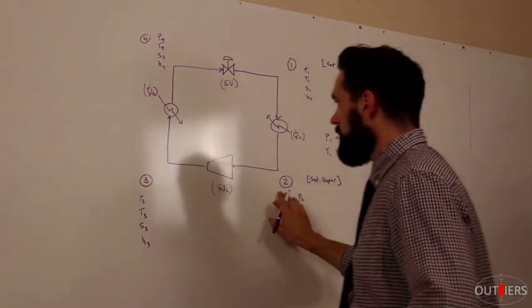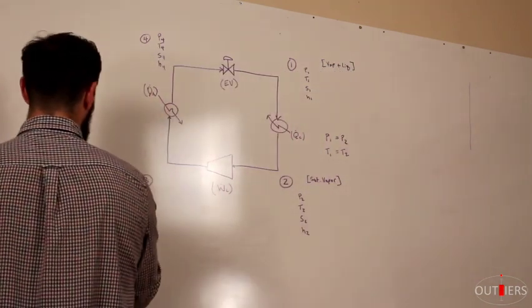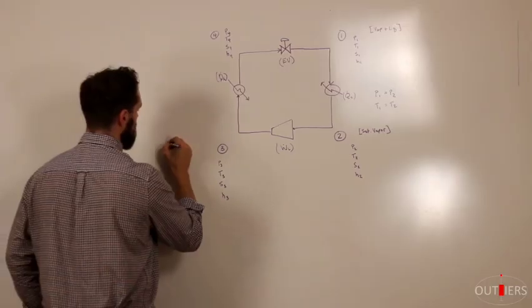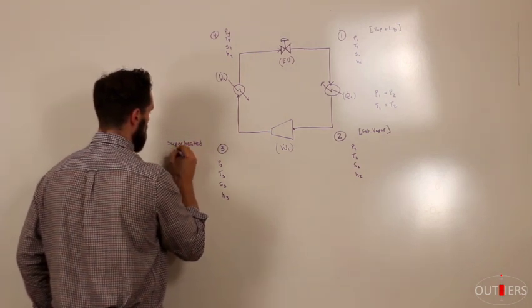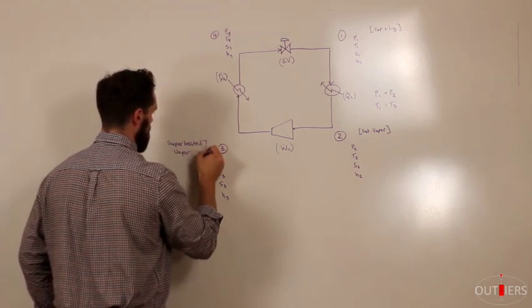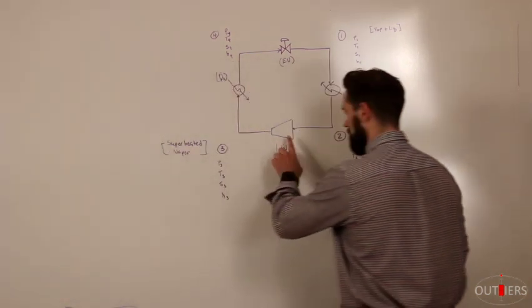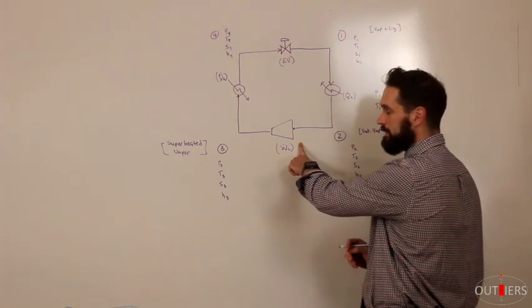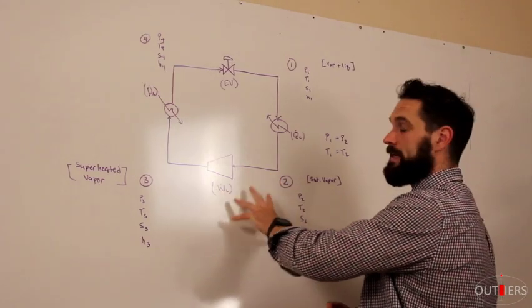Now, going from state 2 to state 3, remember we went from a saturated vapor to a superheated vapor. And recall that we made a simplifying assumption about the compressor. Remember, it was an ideal compressor.